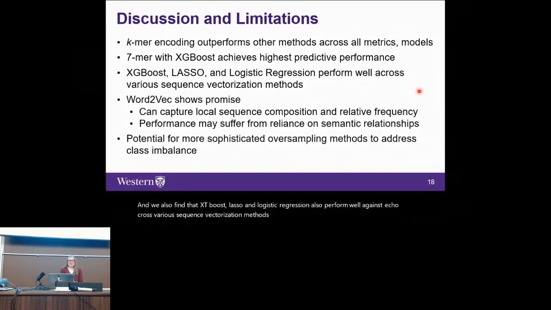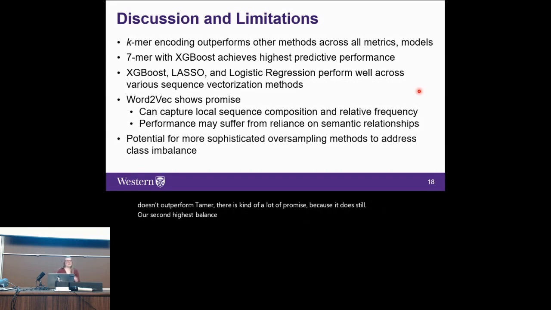And this is almost an indication that it's always good to start with the simplest models, to start at the basics, before throwing deep learning at a problem. We also find that although word2vec doesn't outperform k-mer, there is a lot of promise because it does still achieve our second highest balanced accuracy.